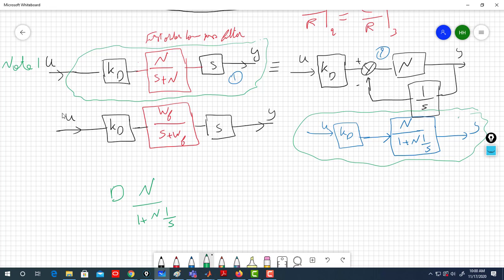So why didn't MATLAB use D N s over s plus N times s, which is system 1? They used 2, but they are equivalent. Do you think there is any difference between these two, or they are exactly the same?